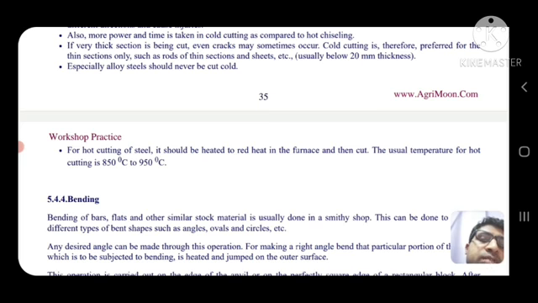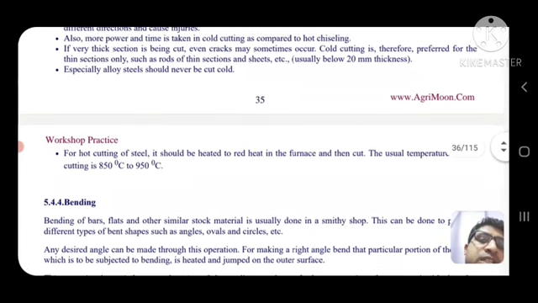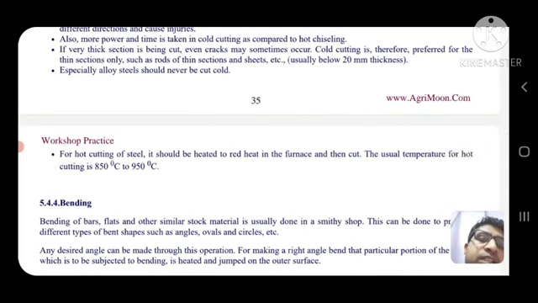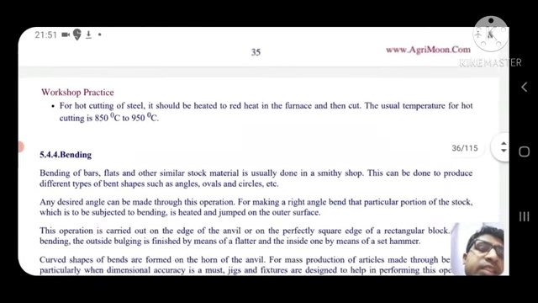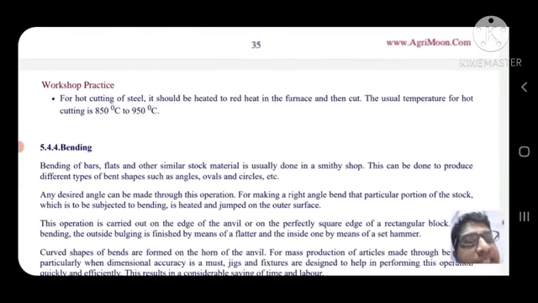In workshop practice for hot cutting, steel should be heated to red in the furnace and then cut. The usual temperature for cutting is 850 to 950.